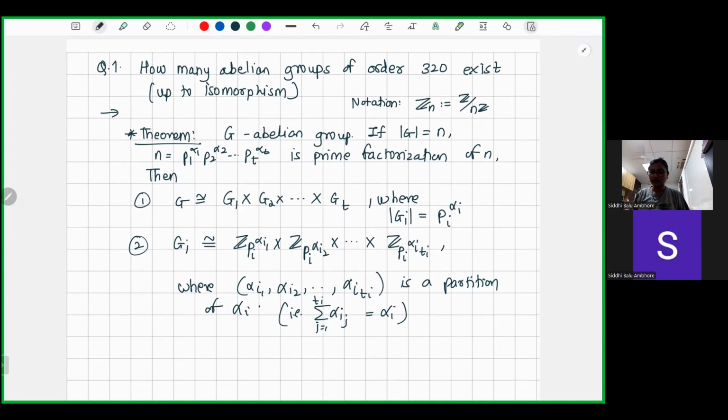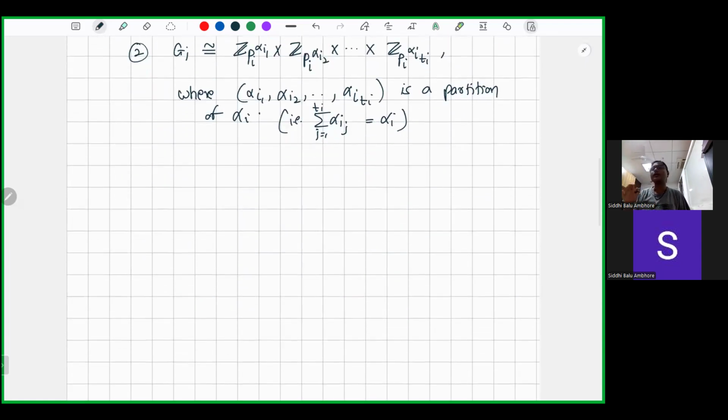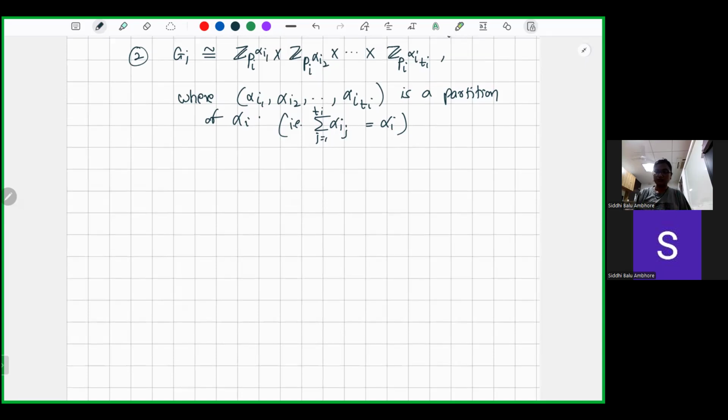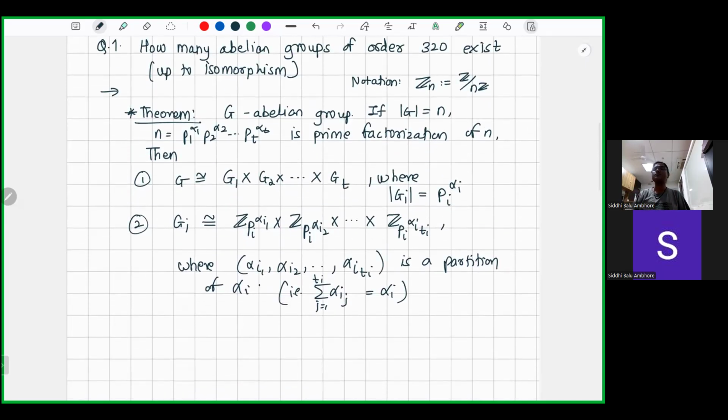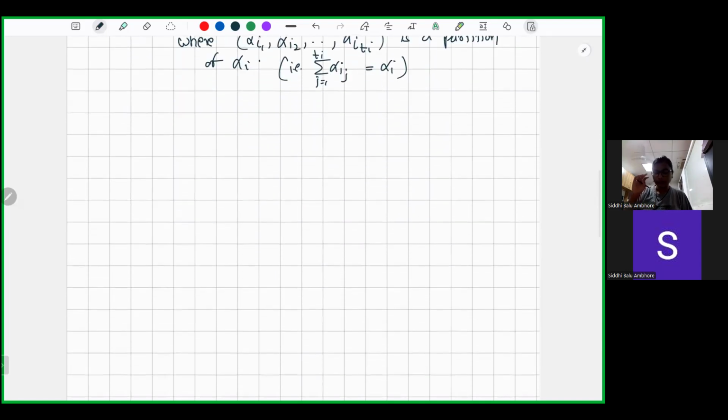Right now we are trying to find the number of abelian groups of order 320 up to isomorphism.